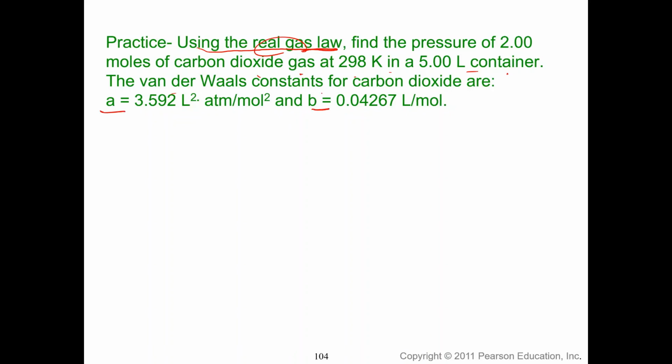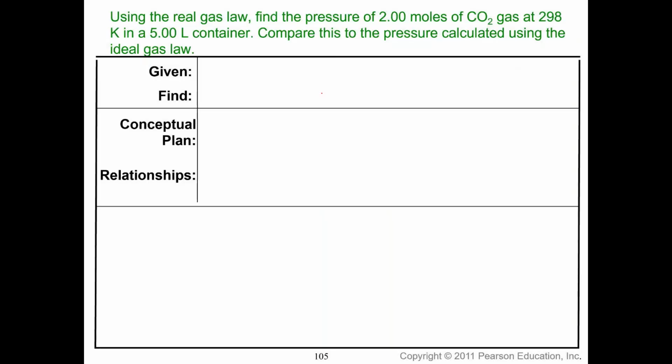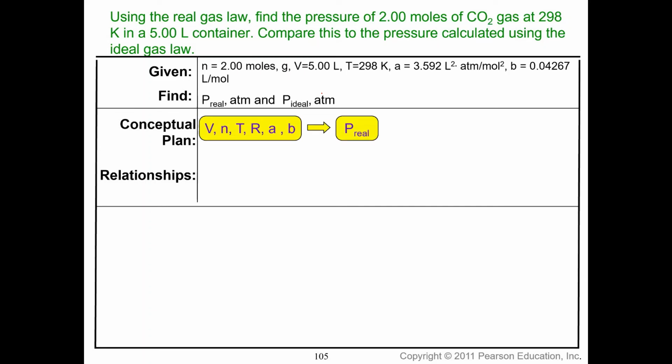That means you need to have these constants. So how do we do this problem? I do it very simply and finish it, and let you look at this. From this information, you can calculate the real pressure. That means you need to have the A and B van der Waals constants.